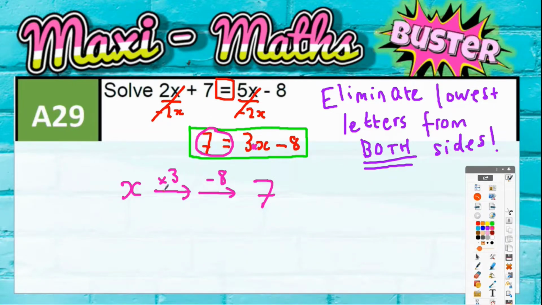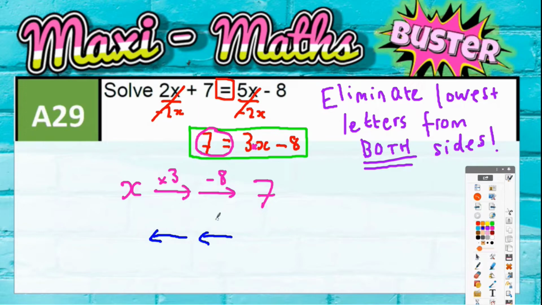Because when you're writing on the arrows of the number machine, you have to write what's being done to the x in order of BIDMAS. So in BIDMAS, multiply comes before subtract. So you have to multiply first before the subtract. Once you've described on a number machine on some arrows what's happening to the letter x, times 3 take away 8, all you do there is you reverse it backwards.